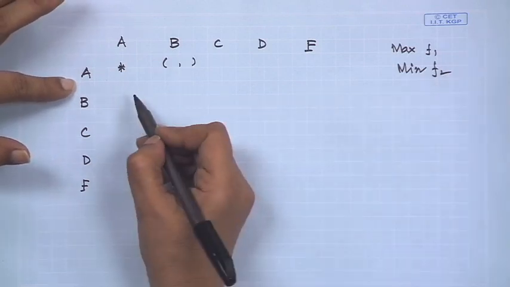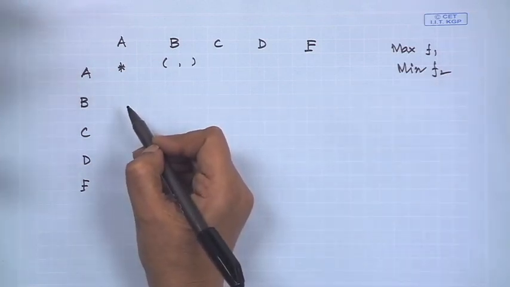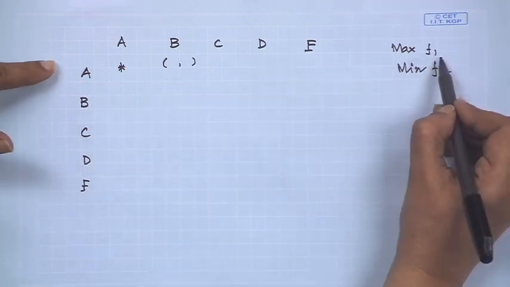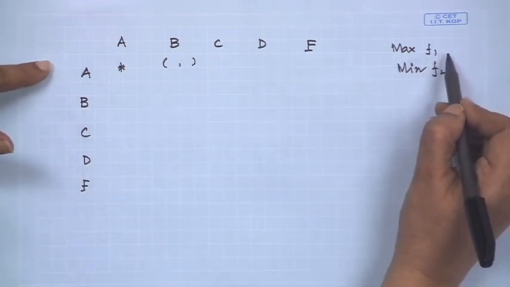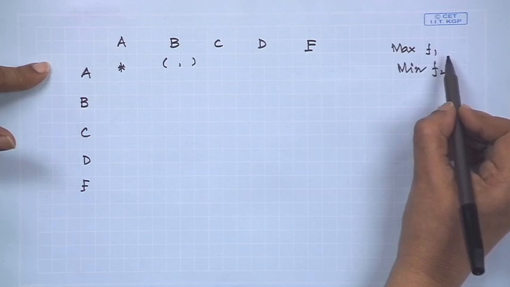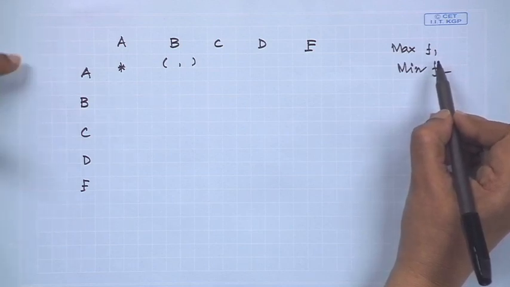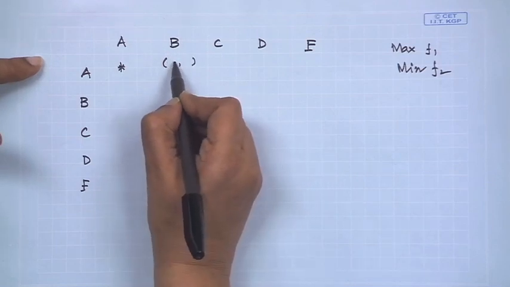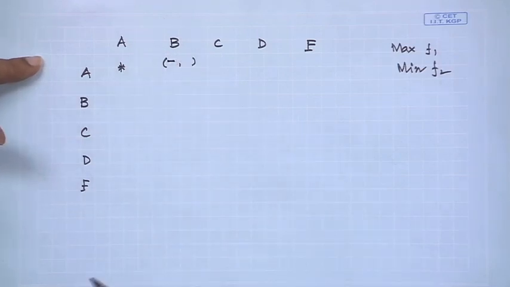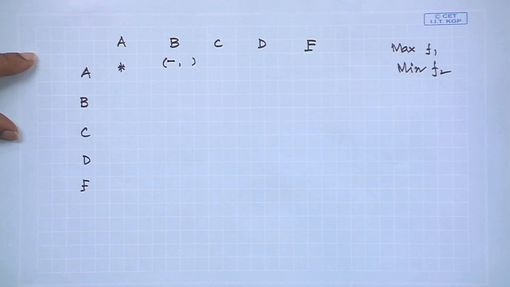Is A preferable to B with respect to F1? Not really, because we are maximizing F1 and the value of A is 8 and B is 9. That is why with respect to F1, A is not preferable to B. I am putting the minus sign there.